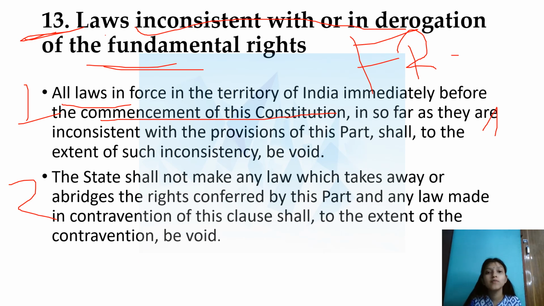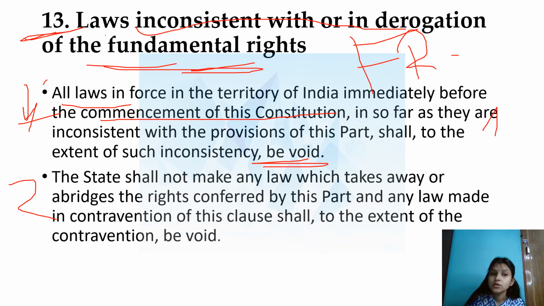We cannot repeal all of them together, otherwise that will create havoc in society. So clause 1 says that any part or provision which does not respect our fundamental rights, that are given to us by the Constitution itself, will be void and will not be in effect after the commencement of the Constitution, which is 26 January 1950.